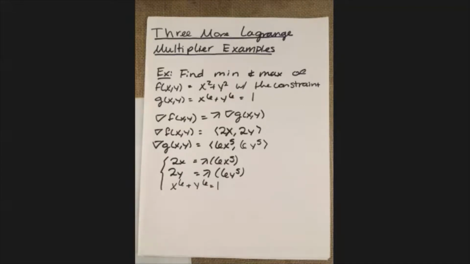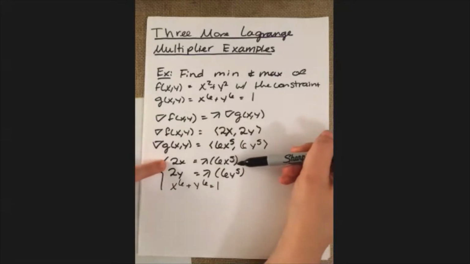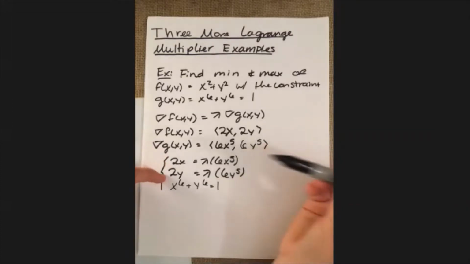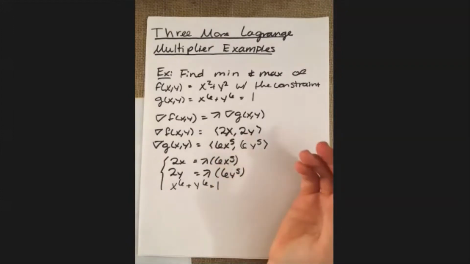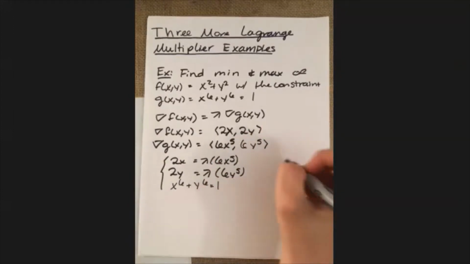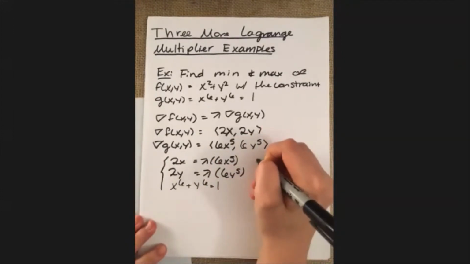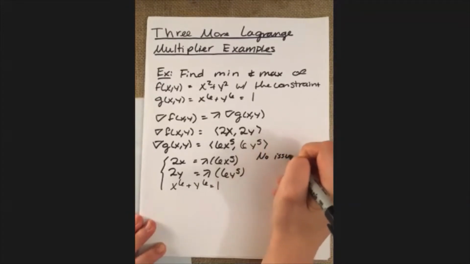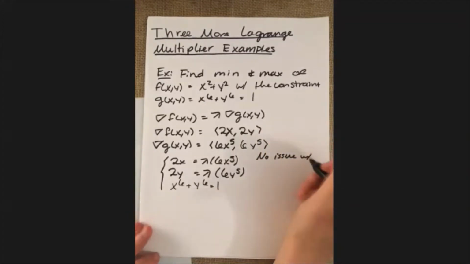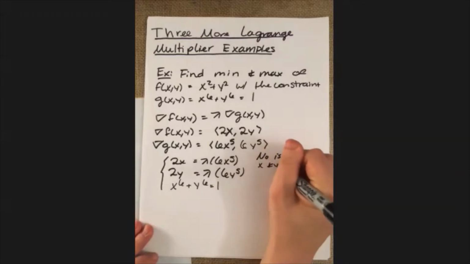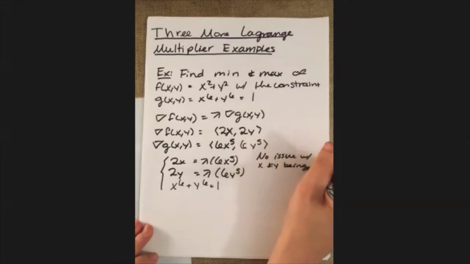So we want to go through and check. Suppose that x is equal to 0. Is that going to cause a problem? It actually won't. x could very well be equal to 0. Same idea here for y. And because of that, we're going to have to break this up into cases. So there's no issue with x and y being 0.